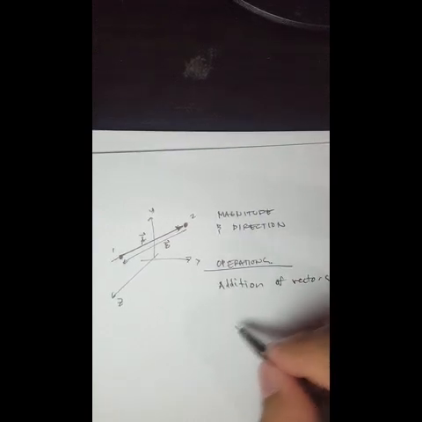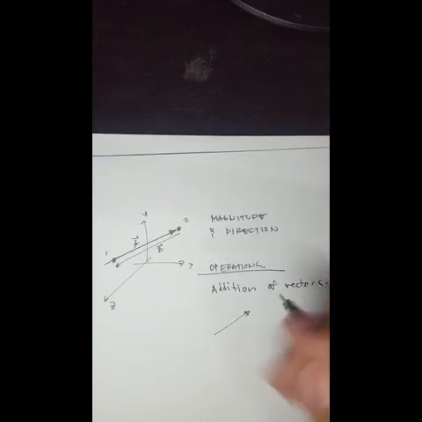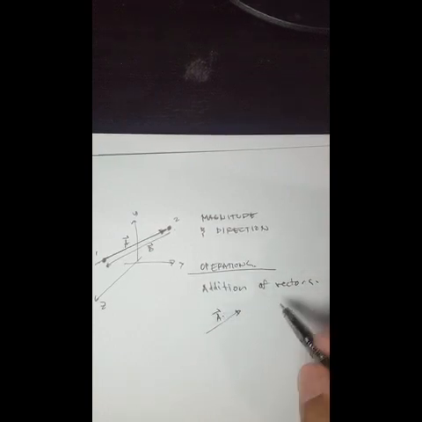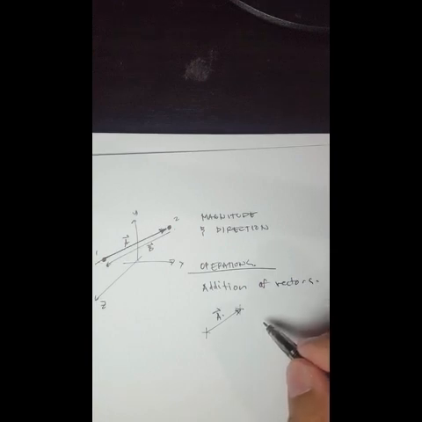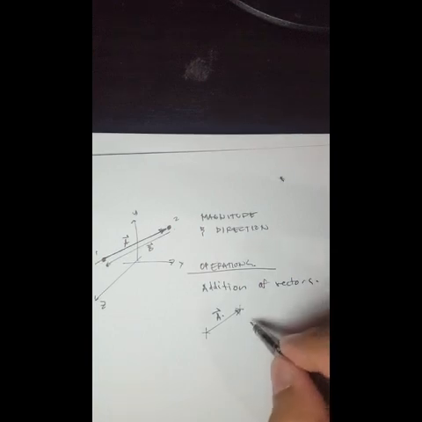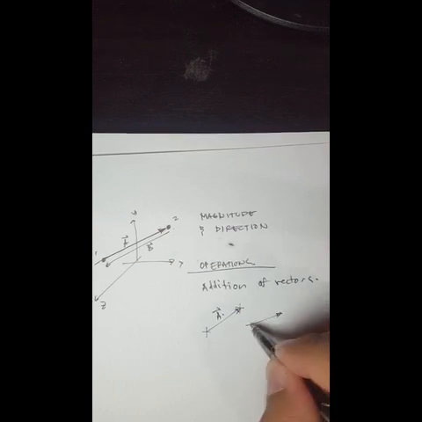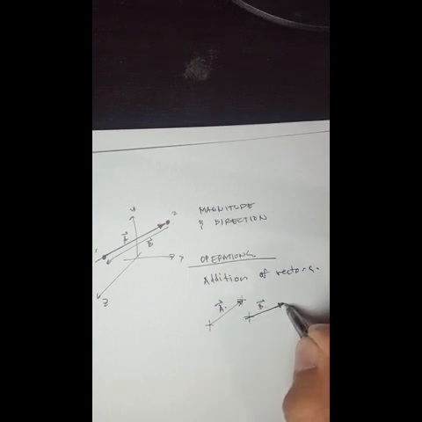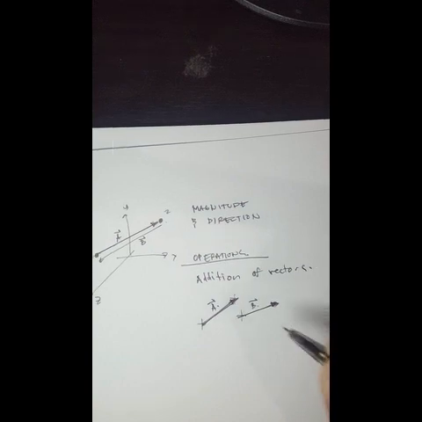Okay, so for example, we have a vector A. I'll just do this graphically for now. Let's say we have a vector A, and then we have to add that to vector B in this orientation. Let's say this is the vector B. A vector A and then vector B.